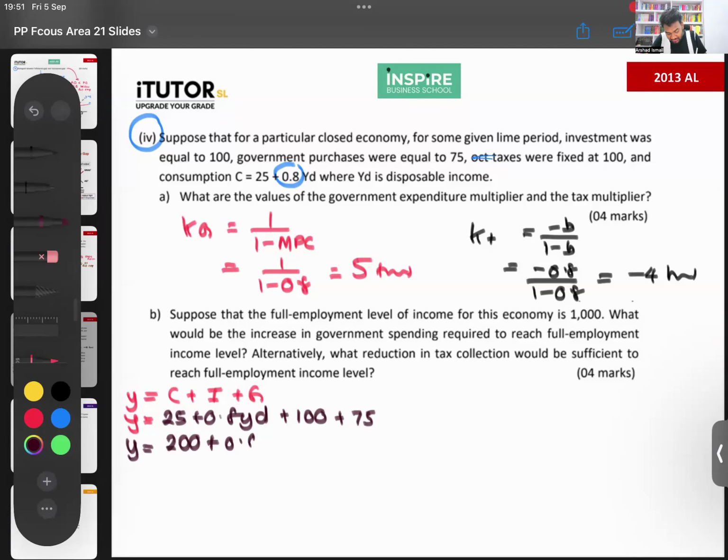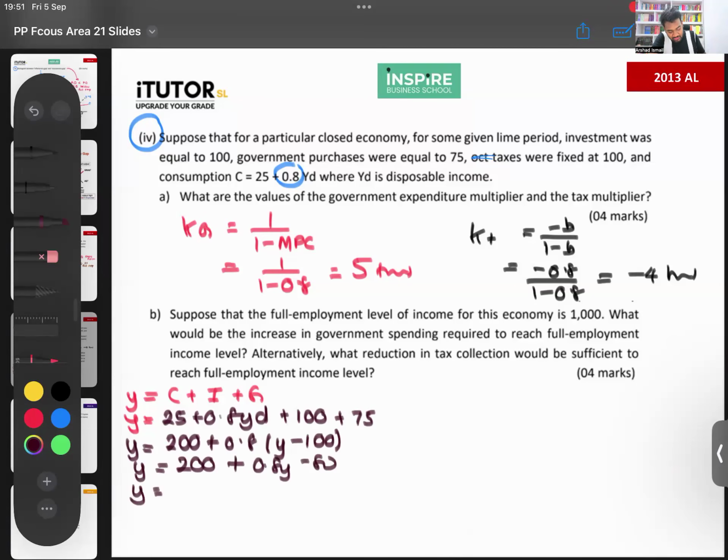Plus 0.8, you all know how to convert this YD into Y. It's Y minus taxes. So I'll skip one step. My taxes are 100. So Y minus 100. So then Y is equal to 200 plus, we'll open the brackets, 0.8Y, and this is minus 80.